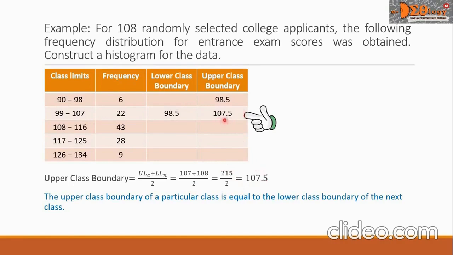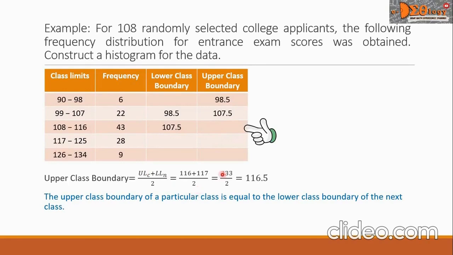Again, this 107.5 we will copy down here as the lower class boundary for the next class. Then, let us compute for this upper class boundary of the third class interval. So we have 116 plus 117 all over 2.